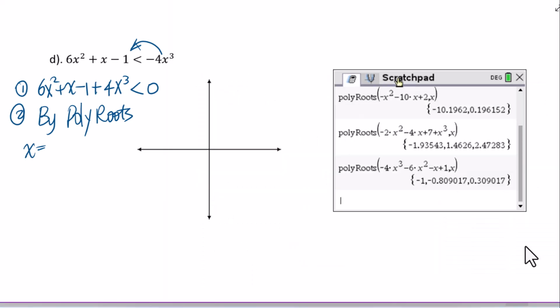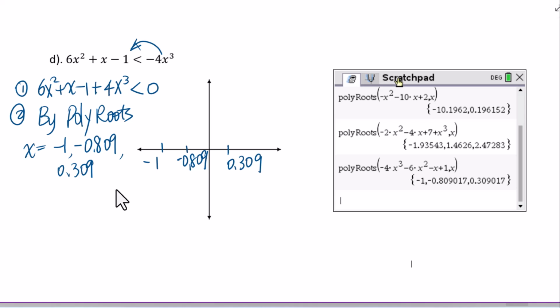x equals -1, -0.809, 0.309. Label -1, -0.809, 0.309.